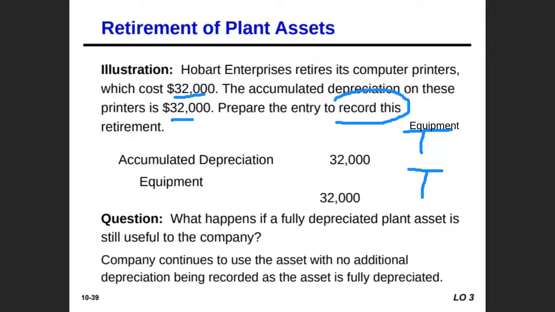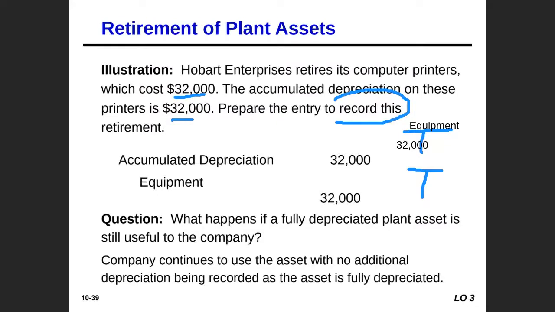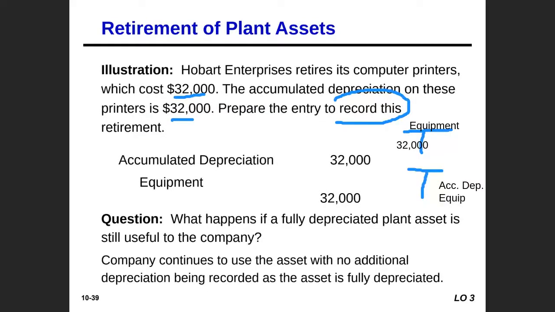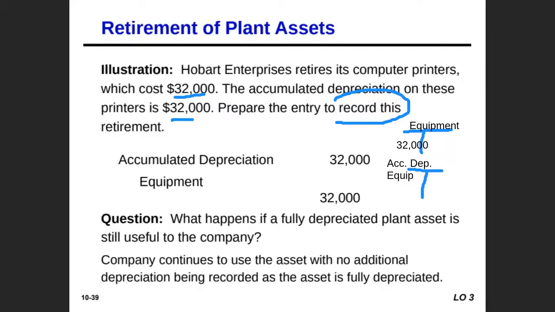Same thing also for accumulated depreciation, equipment, and it had a balance before. Accumulated depreciation always has a credit balance, that's why we're writing on the credit side.